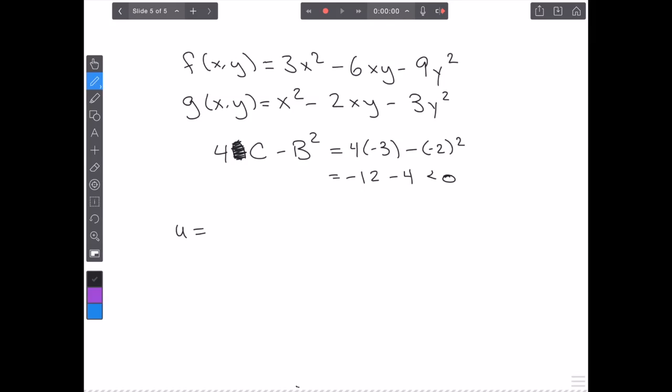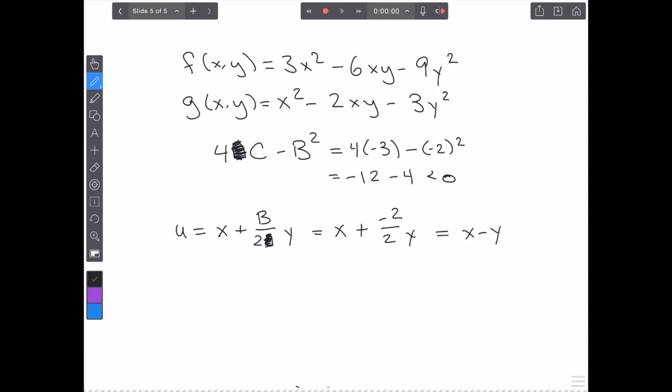We start by setting u equal to x plus b over 2a y. And again, remembering that a is 1. Okay, and then we have x plus minus 2 over 2y, which is x minus y.